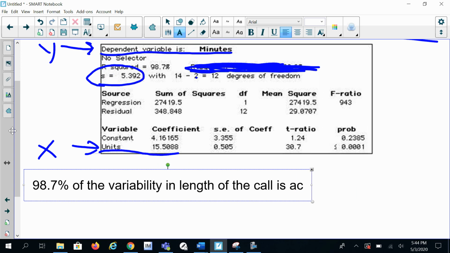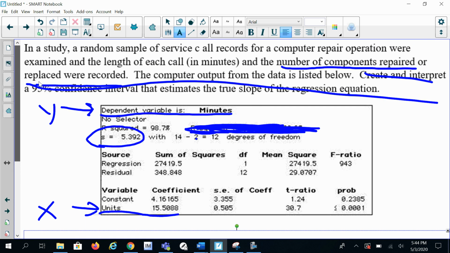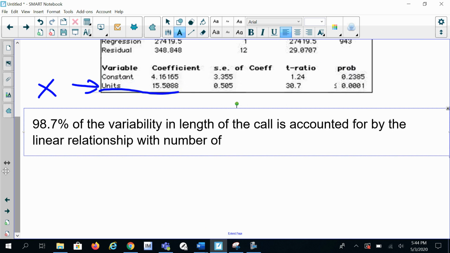So we'll do that this time. Is accounted for by the linear relationship with X, which is number of components repaired. All right. 98.7% of the variability in the length of the call is accounted for by the linear relationship with the number of components repaired. So we have R squared done.